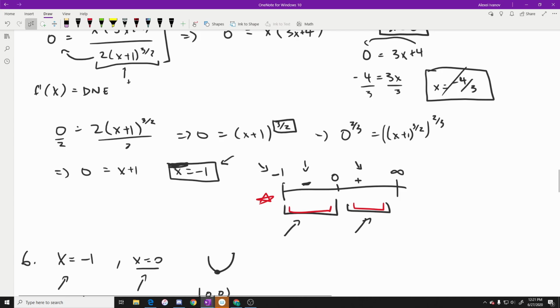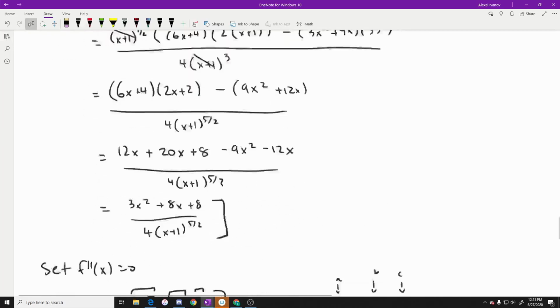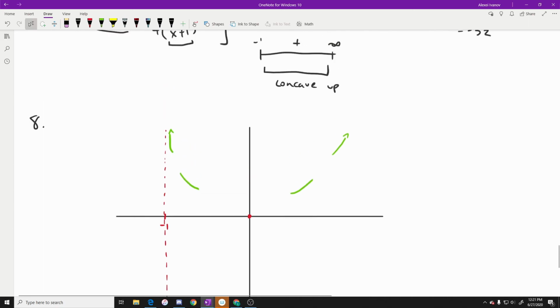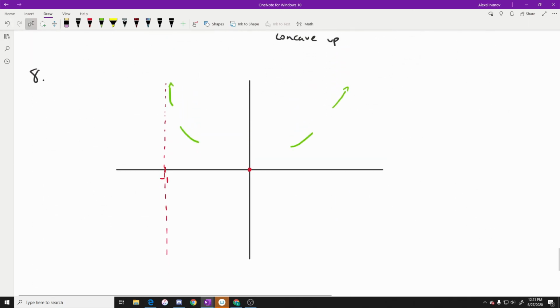And that kind of makes sense from the function, but I'm going to go ahead and quickly plot that. So over here, we're going to be something like this, decreasing, but over here, we're going to be increasing. So I'm just going to leave this like that. And by the way, we can already see what the function is going to start looking like. However, I'm just going to go through the other steps too.